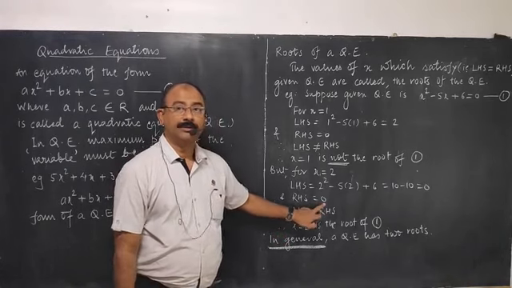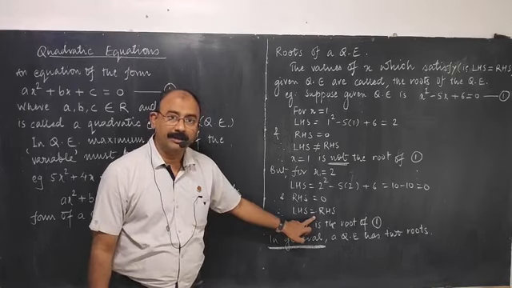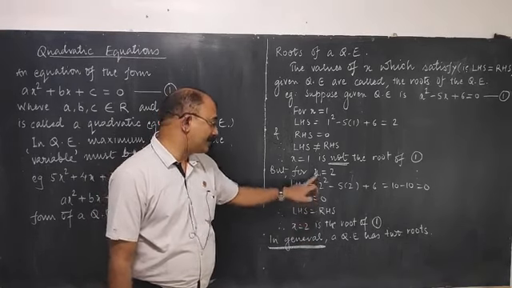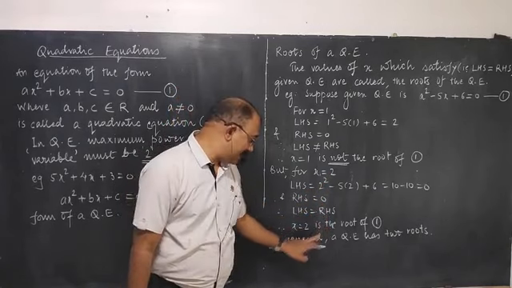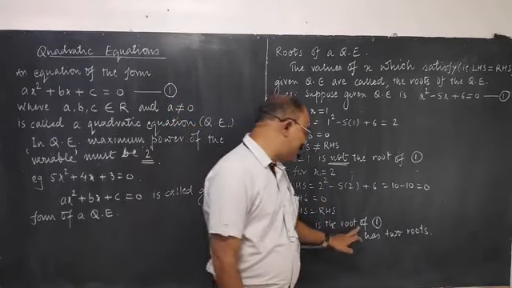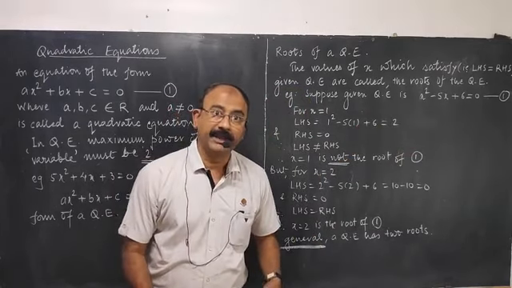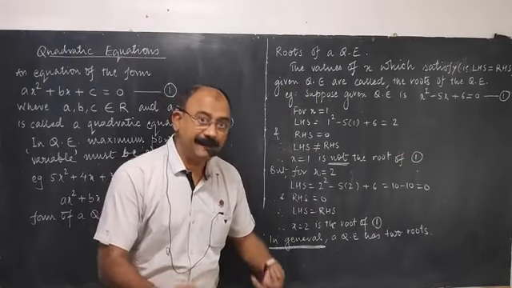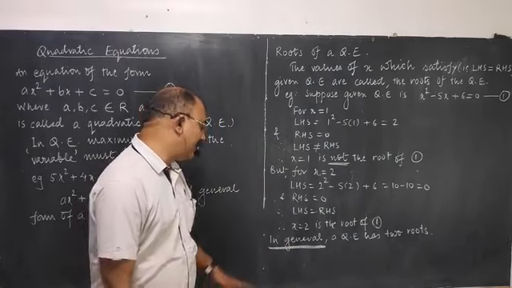RHS is also 0. That means LHS and RHS are equal. After putting x is equal to 2, you are getting LHS is equal to RHS. So we say that x is equal to 2 is the root of equation 1, or we also say x is equal to 2 satisfies the quadratic equation. Therefore it is the root of the equation.